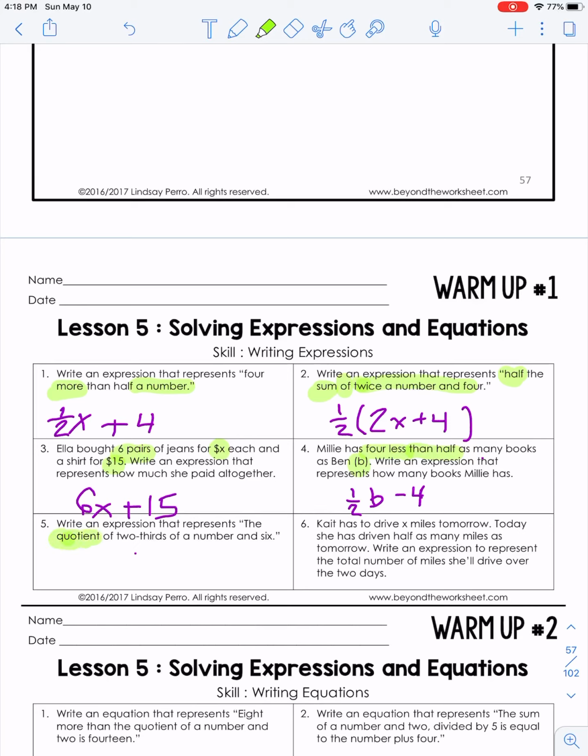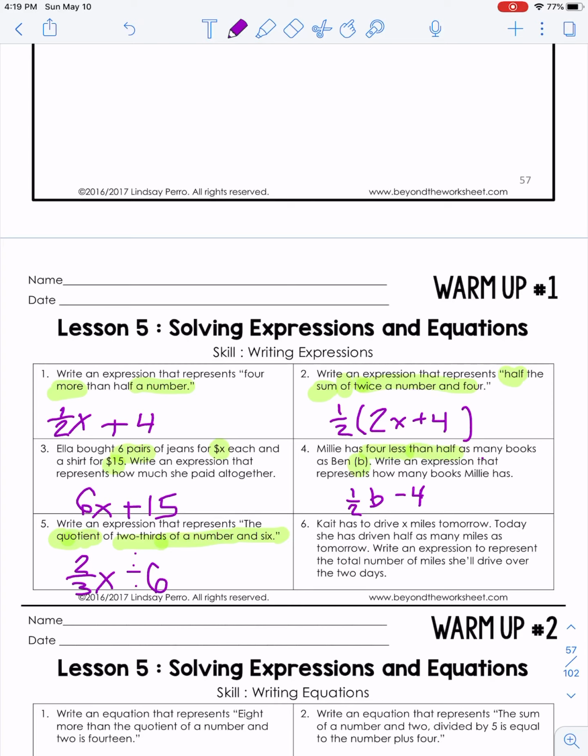So quotient means to divide. We have 2/3 of a number and 6. So we have to take 2/3 of a number. So that's 2/3 times our variable divided by 6.